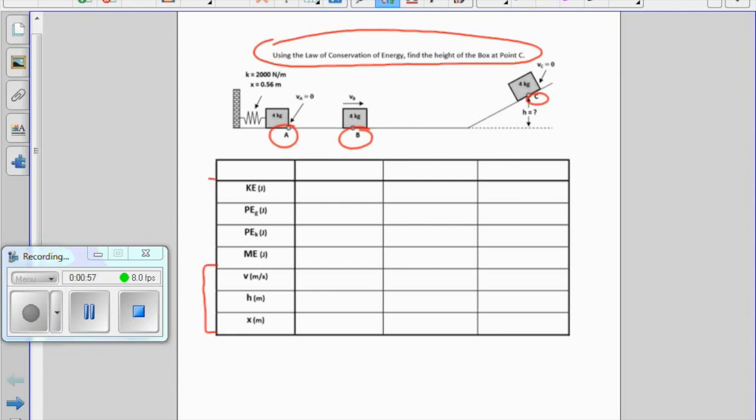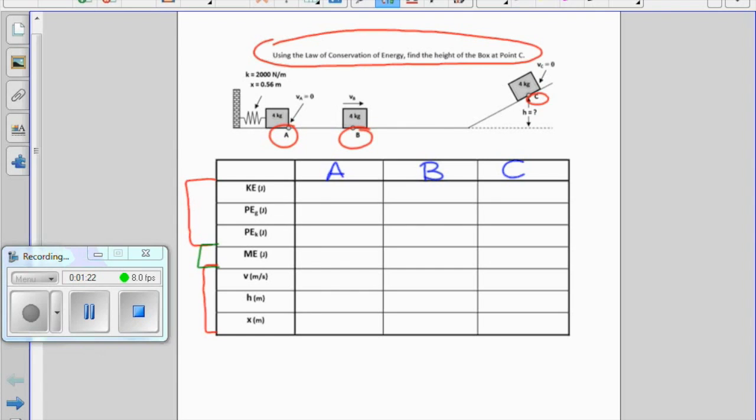At the top, I have my types of energy. And right in the middle, I have the total mechanical energy. Each of the columns represents one of the positions of the box: position A, position B, and position C.